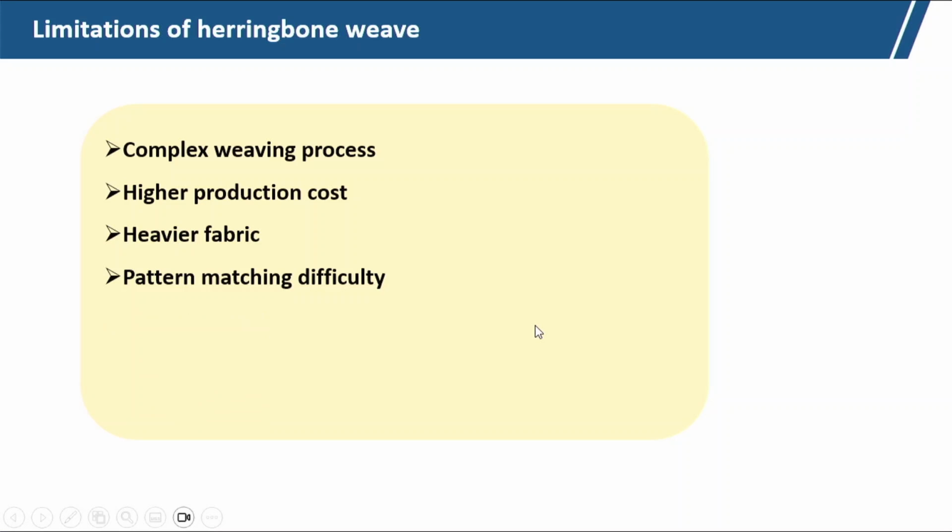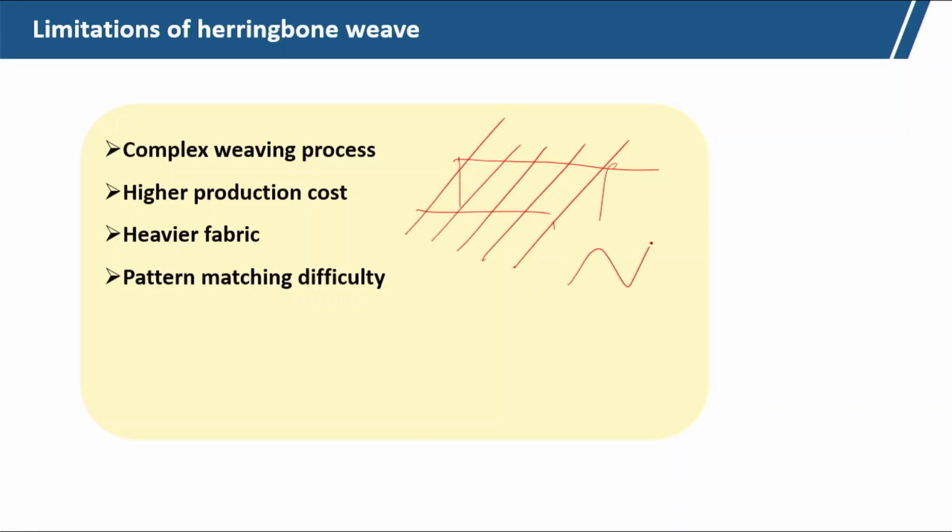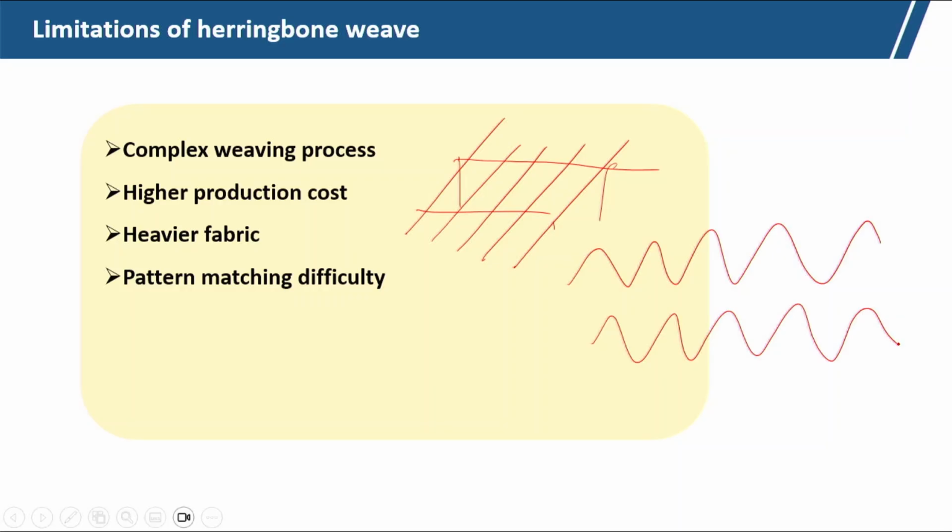Suppose this is the twill weave, we can cut the fabric, this is the fabric we are cutting. Okay. So, that will be simpler, but if this type of herringbone broken twill is there, if we try to match the pattern, one pattern will be like this, next piece will be in this fashion.